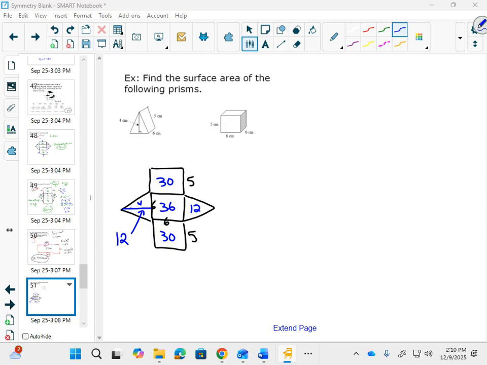Base times height, 6 times 4 is 24, divided by 2 is 12. You can show that work. Area equals base times height divided by 2. The base is 6, the height is 4. That's equal to 12. So the surface area of this one, all added up, is 120 centimeters squared if I add up all 5 of those numbers.